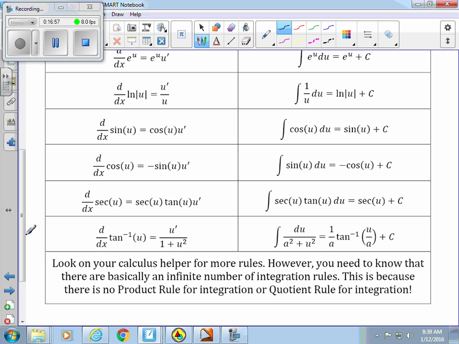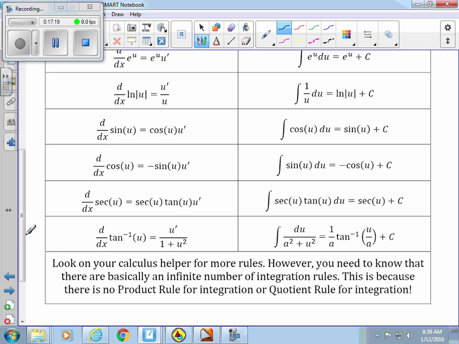When I do the integral of cosine of u, or the antiderivative of cosine of u, what's my brain going to ask? What function has a derivative that is cosine? Sine. So that's the question you're asking on that right-hand piece.